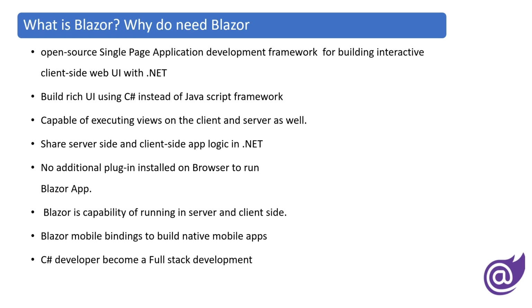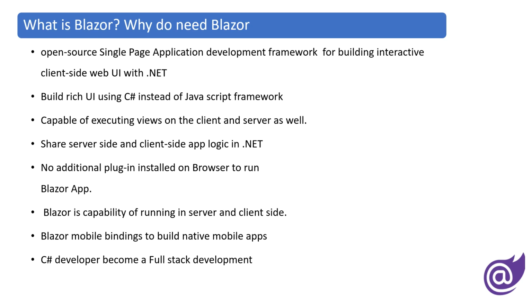Progressive web app means you can create the app and install the app locally instead of browsing, and you can install the app from the app store. That is also possible. Not only a browser application, we can use it as a Windows client application as well.